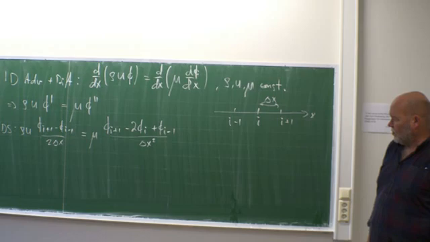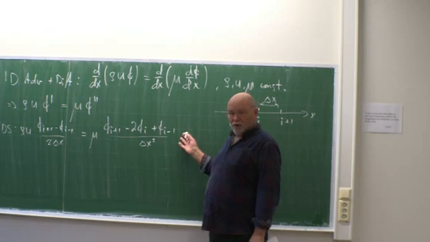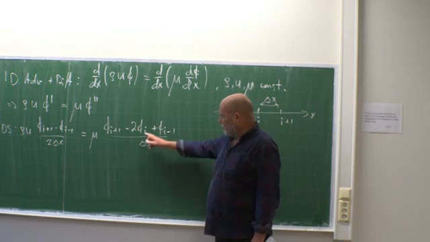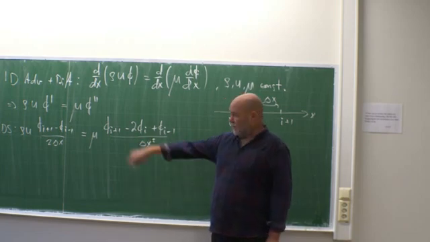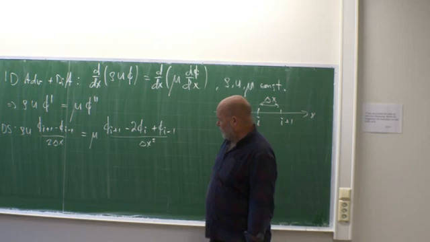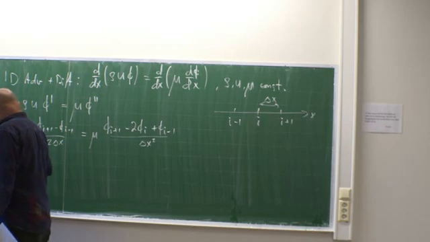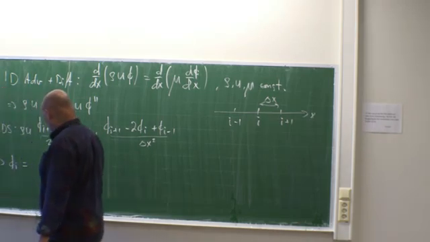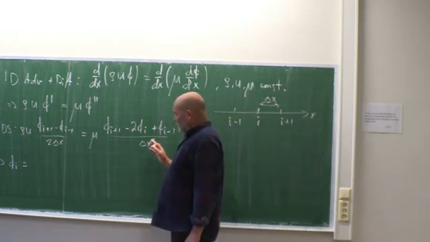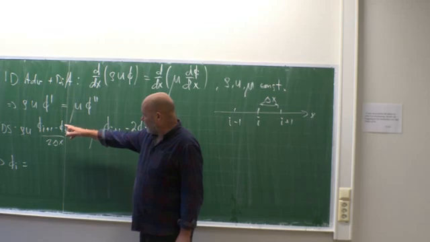But now let's rewrite this one a little bit. I want it on the form, say, in a way you would maybe program this one. You want to solve it, and then rewrite it on the form phi I equal to, and then throw everything else on the other side. Then what will we get? Phi I equals. We can remove one delta x, and then this last delta x goes upstairs.